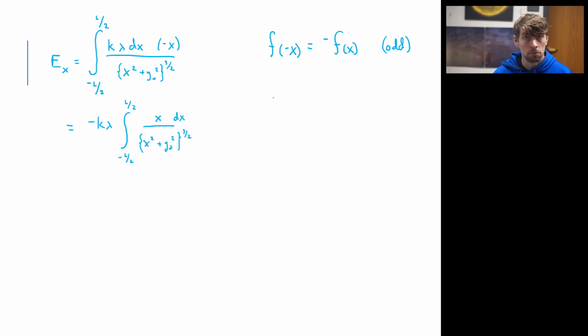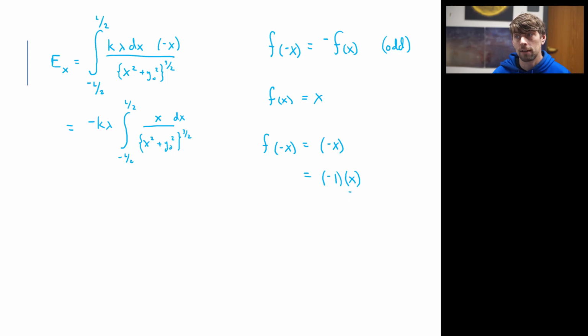Concretely, let's say our function is x. You'll notice immediately that that function is odd. By this, I mean if I do f of negative x, that means that I have a quantity negative x. But because I have a multiplication, I could write this as negative 1 times x.